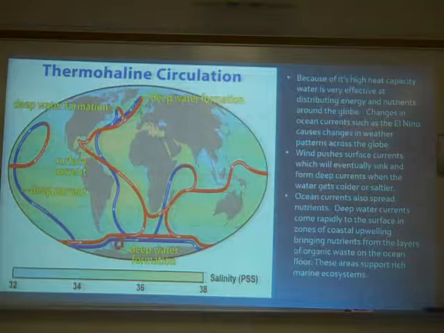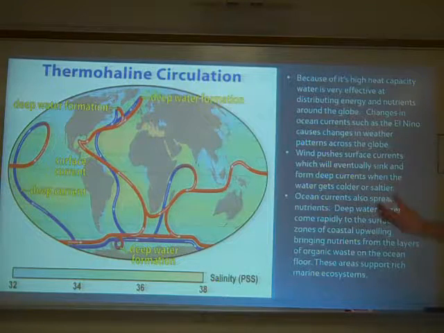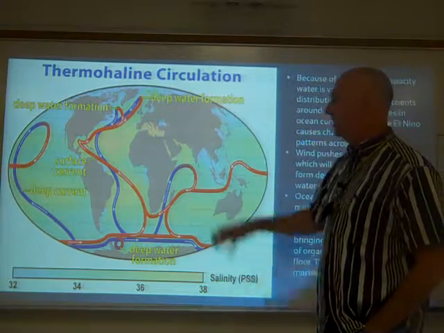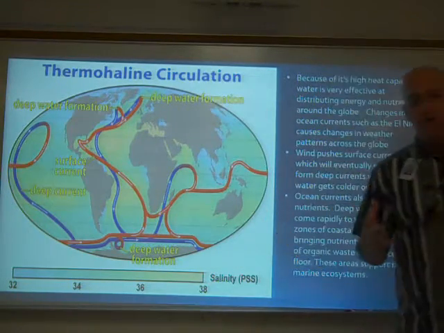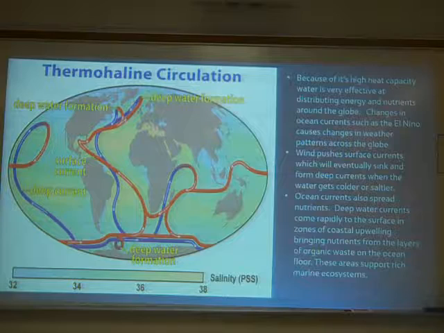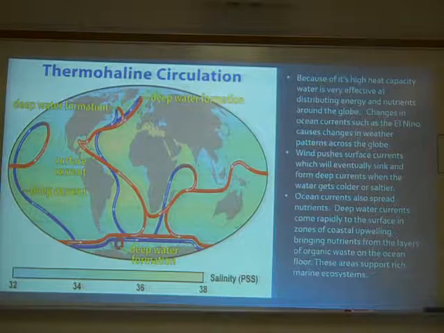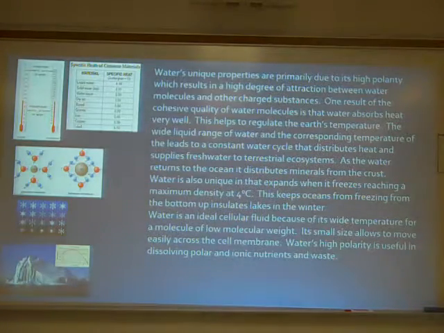Also, cold water holds more oxygen, and therefore you get a lot of productivity in those ecosystems, what are called zones of coastal upwelling. So that's how ocean currents are important for life.